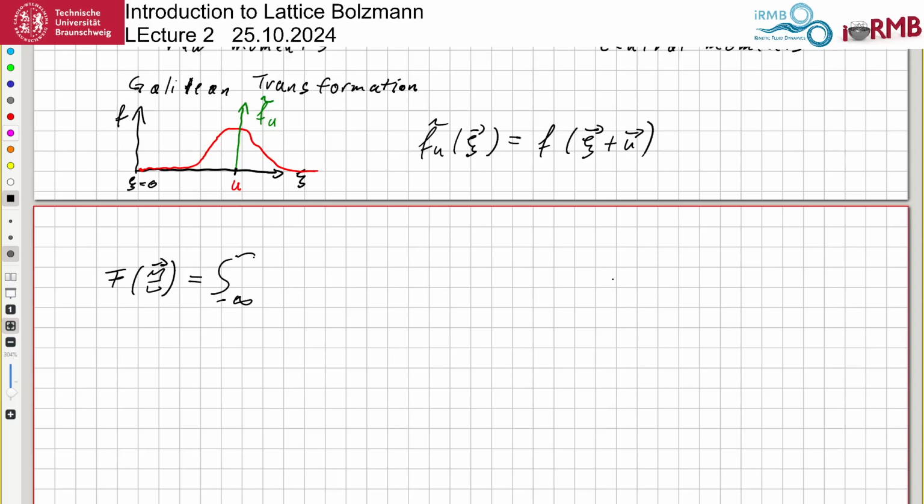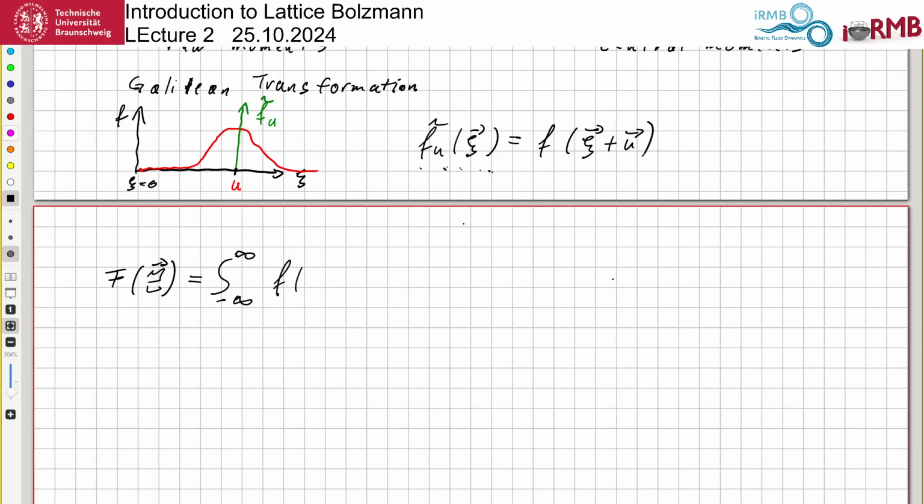Now let's look at our definition here. We want the moments of this shifted, Galilean transformed distribution.